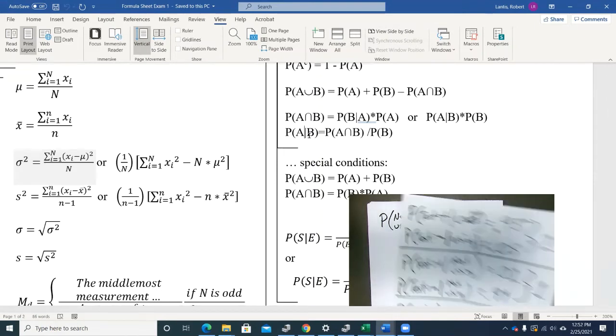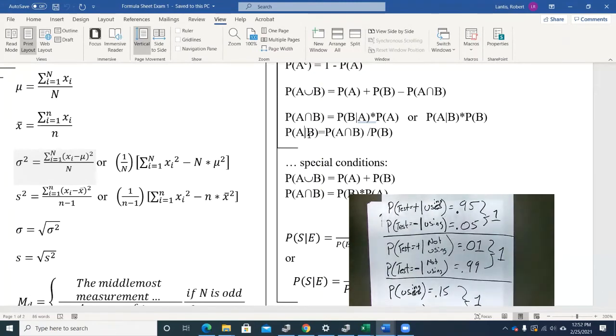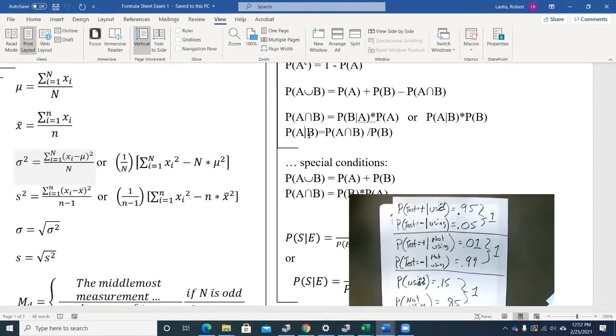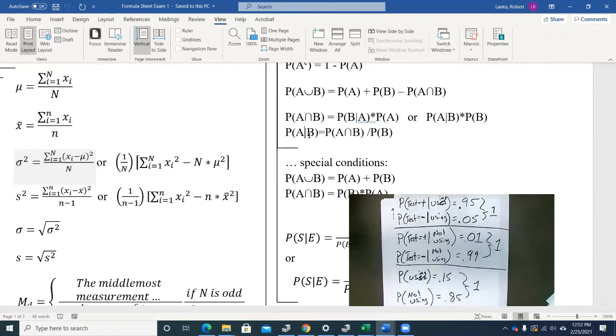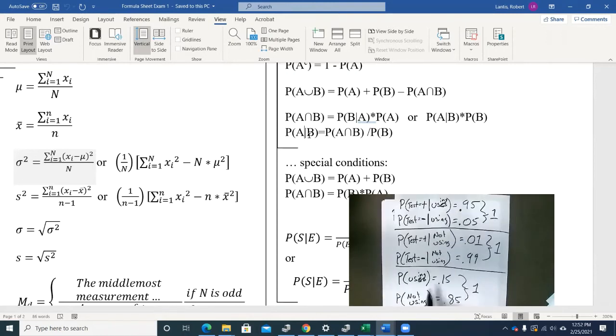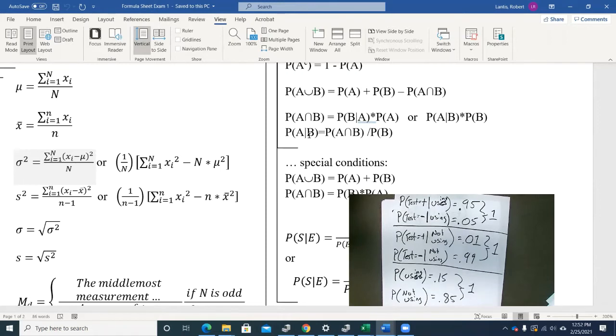If I go back to my original equations, I don't have just the probability that the test comes back positive, right? All I have are conditional probabilities of the test coming back positive. So the probability the test comes back positive is going to be composed of two groups: people who were using and it correctly identified as using, and people who weren't using and had this false positive, right? So I don't have just the probability of my event B, the probability that it just comes back positive without any other information.